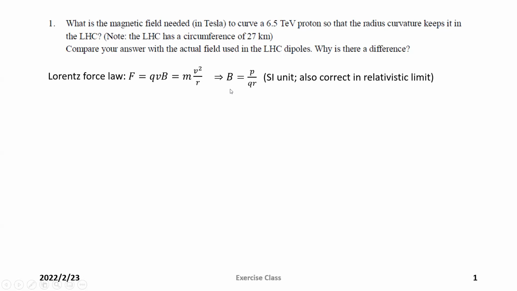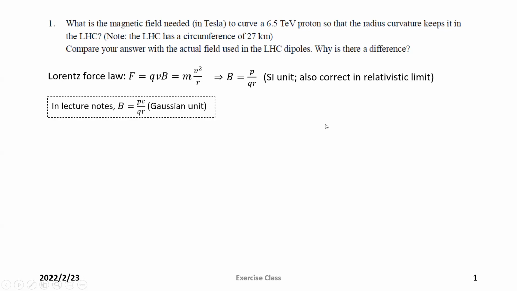Note that this relation is written in SI unit. Although we derive it by Newton's second law here, this expression also works in the relativistic limit. So we can still use these relations for the relativistic photon.